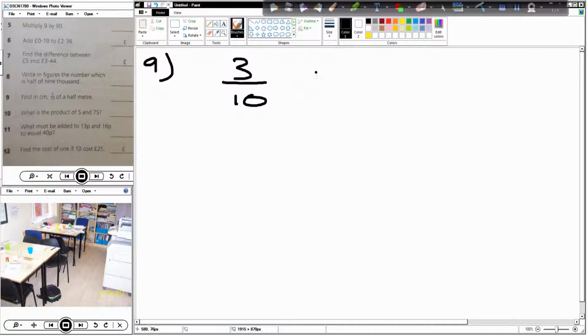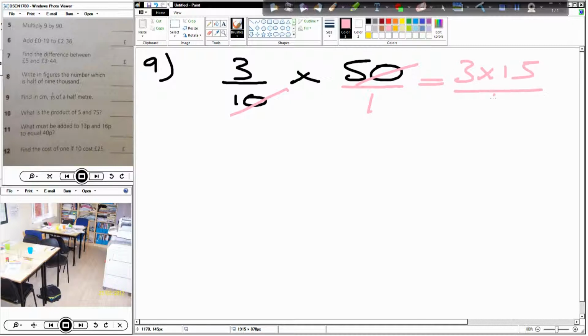And how many centimeters in half a meter? 50. So when we do this kind of question, we turn the 50 into a fraction by putting it over 1. Divide this by 10, divide this by 10. It's called simplifying diagonally. So we're left with 3 times 5 on the top, 1 times 1 on the bottom.